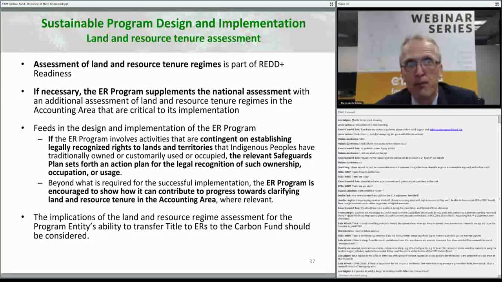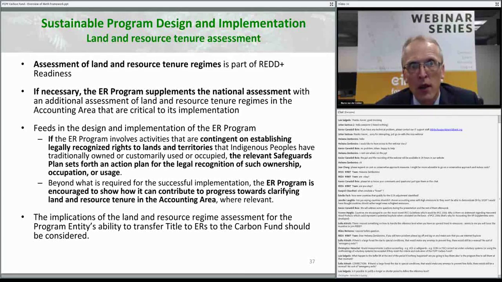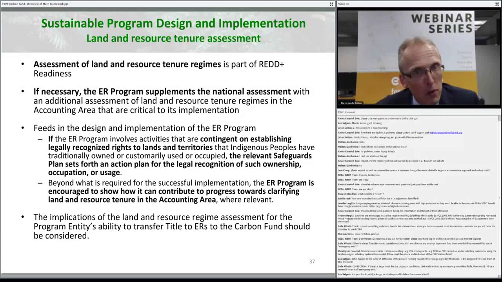Part of that is an assessment of land resource tenure regimes. Again, already as part of your national readiness, you should be doing a national assessment of land resource tenure regimes. If it's necessary for the implementation of the program, you could complement that by another assessment specifically for the accounting area, but as much as possible it should build on the process that you're doing as part of the national readiness.